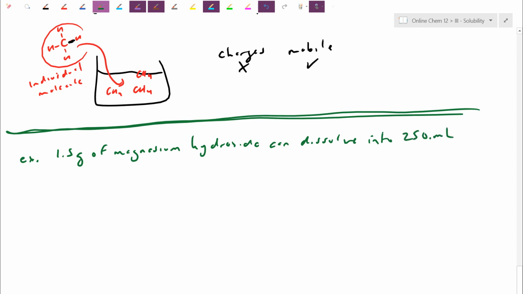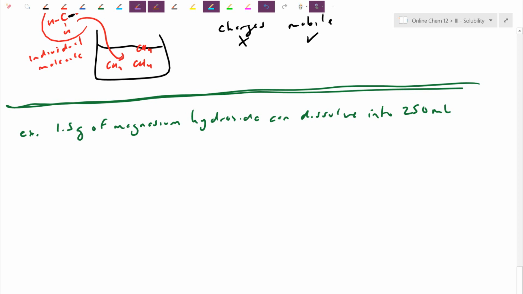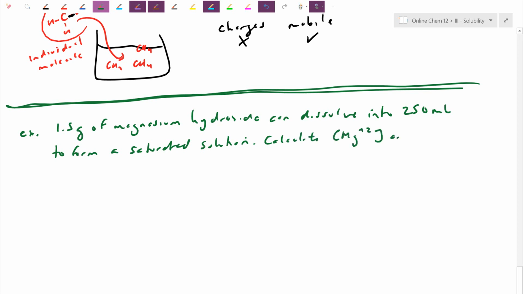Notice, even though I'm going to always do per liter later on, your actual solution sitting in front of you could be less than that. So 250 milliliters to form a saturated solution. That's our word. So a saturated solution. I want you to calculate the concentration of magnesium and the concentration of hydroxide at equilibrium.